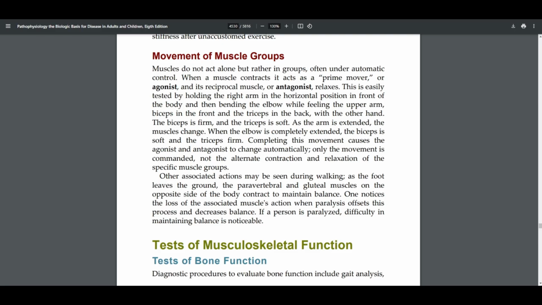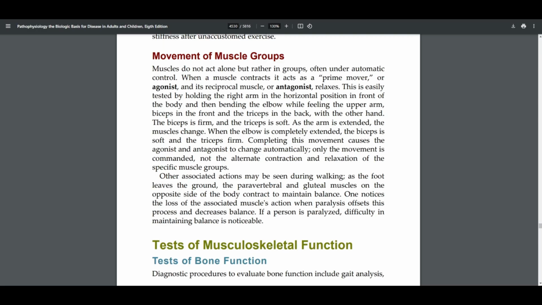This is easily tested by holding the right arm in the horizontal position in front of the body and then bending the elbow while feeling the upper arm, the bicep in the front and the tricep in the back, with the other hand. The bicep is firm and the tricep is soft. As the arm is extended, the muscles change. When the elbow is completely extended, the bicep is soft and the tricep is firm.